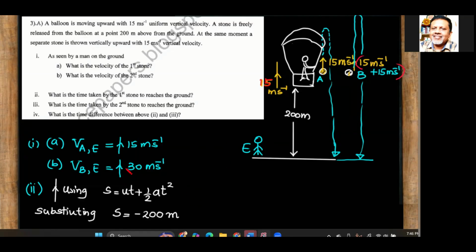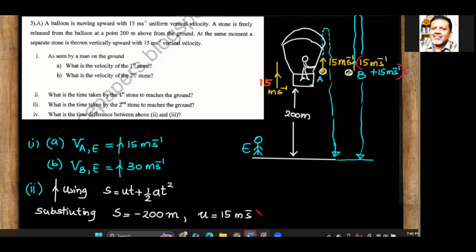So initial velocity should be 15 meters per second, because we have to consider it relative to the ground. Just after releasing from the balloon, there is no connection with the motion of the balloon. Therefore, we have to substitute u as upward direction 15 meters per second.